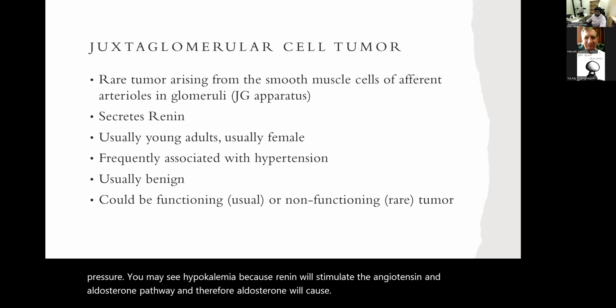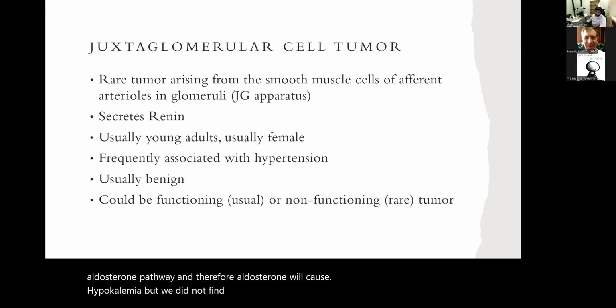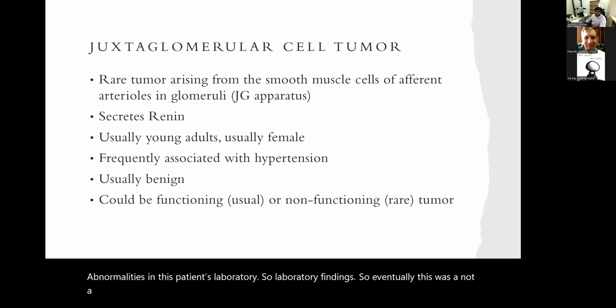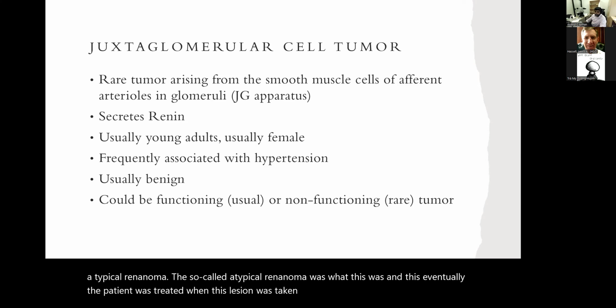But we did not find any of those additional abnormalities in this patient's laboratory findings. So eventually, this was not a typical reninoma; it was an atypical reninoma, and the patient was treated when this lesion was taken out. It's an indolent tumor.